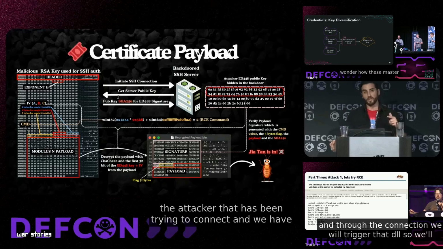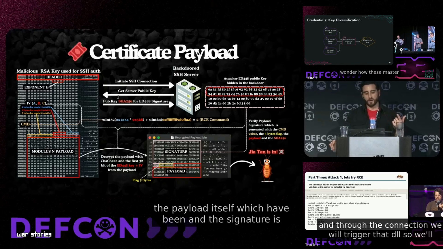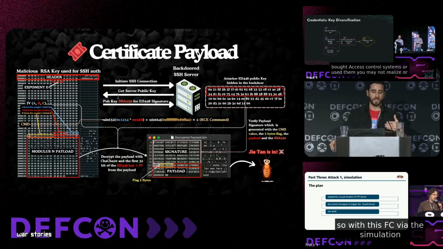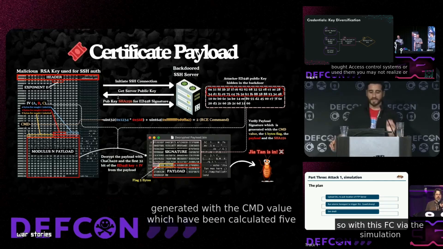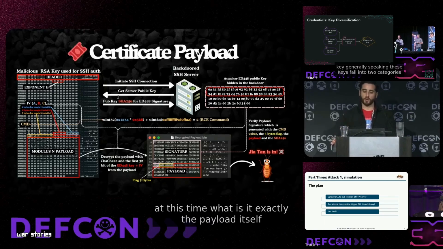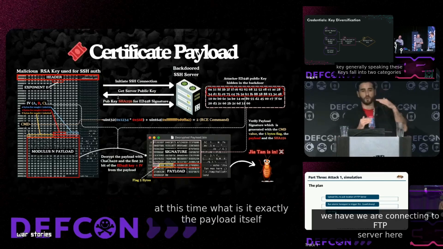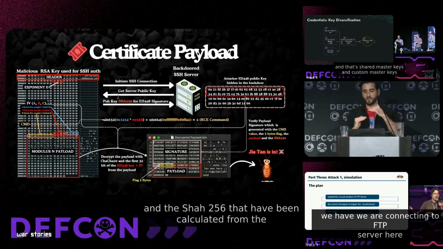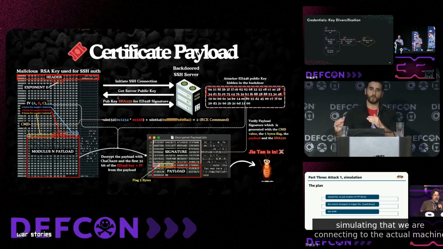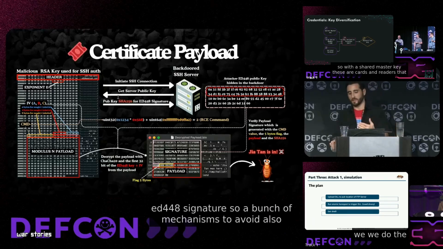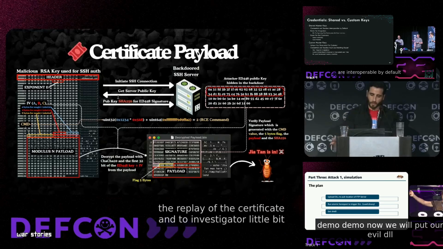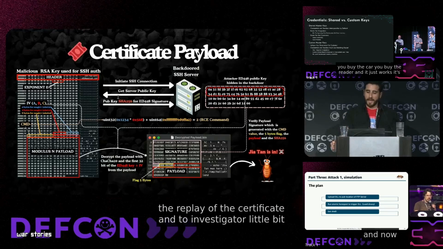And it's also using the IV, which are the magic numbers hard-coded into the malicious RSA key, to decrypt the payload. Then, in the decryption of the payload, we have two main parts. The first is the signature, which is verified by the payload to be sure it is the attacker who is trying to connect. And we have the payload itself, which is executed.